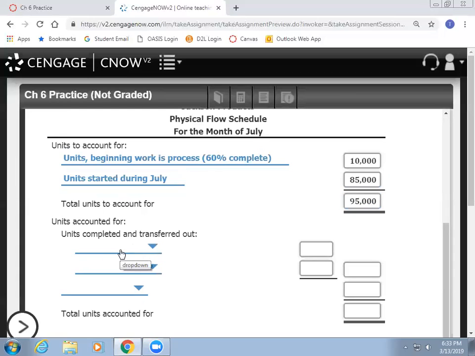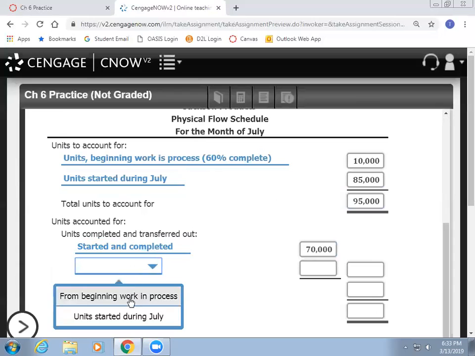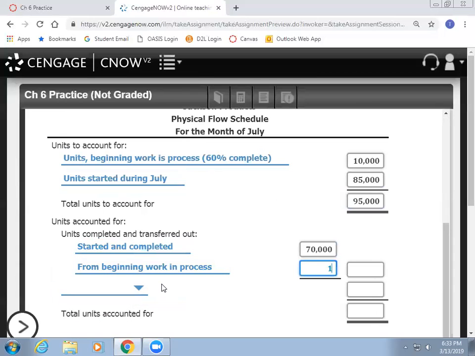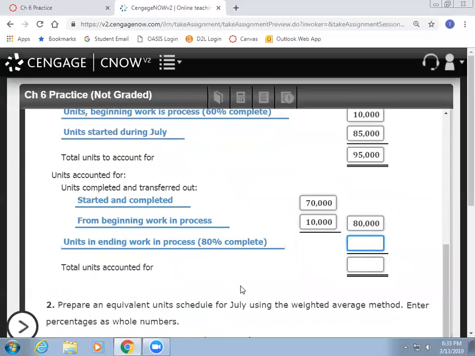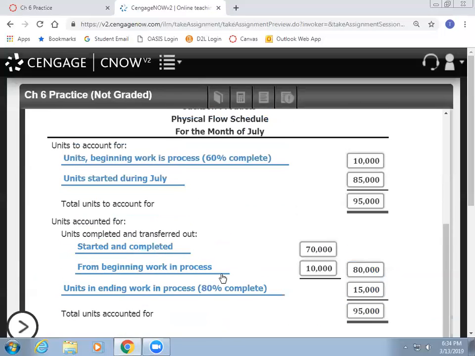Of those, we started and completed 70,000. And we had beginning of 10,000. So we had 80,000 units that were completed and transferred out. And then we have an ending work in process of 15,000. So total units to account for, again, is the 95,000.